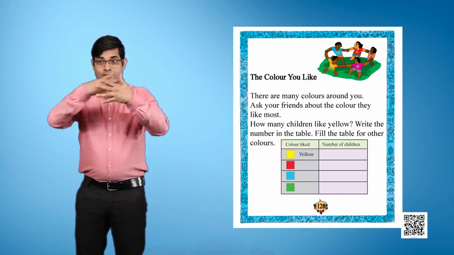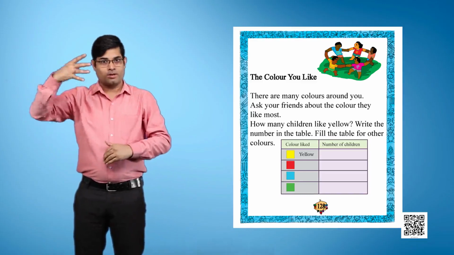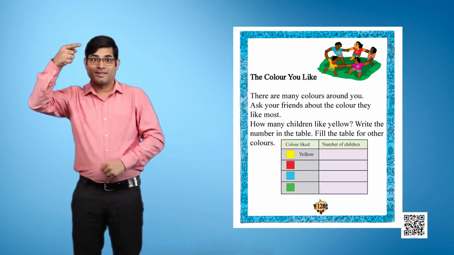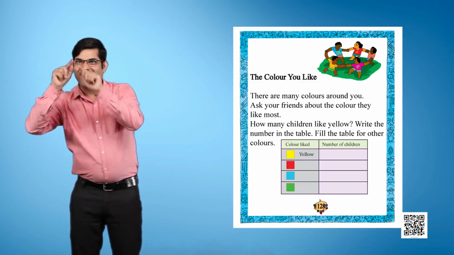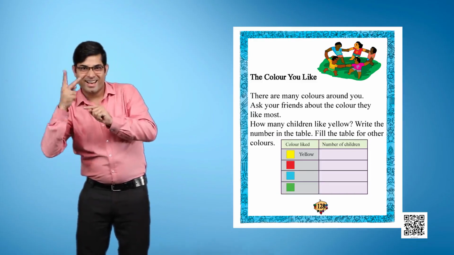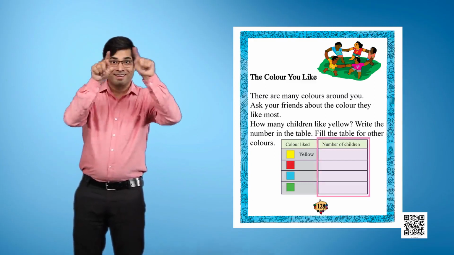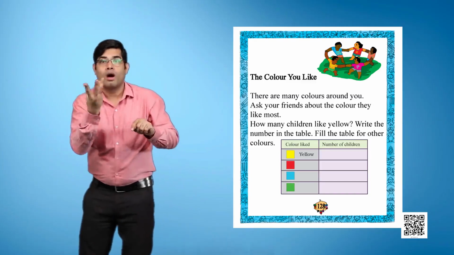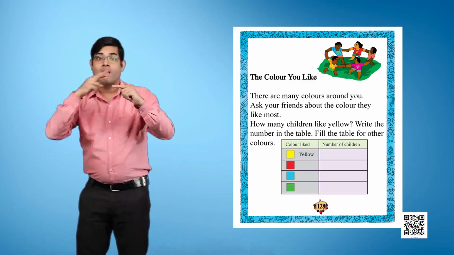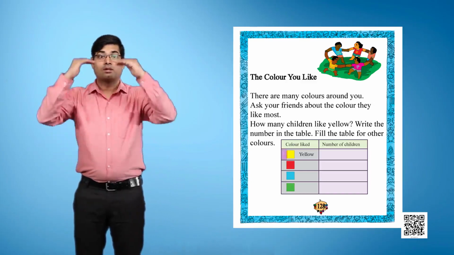The table has 2 columns and 4 rows. Column 1 has picture of colors and is for color liked. And column 2 is for number of children. Row 1.